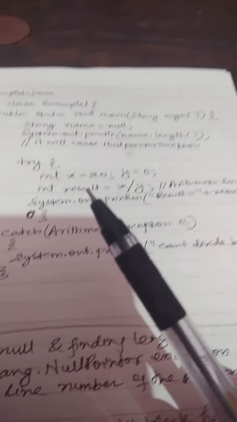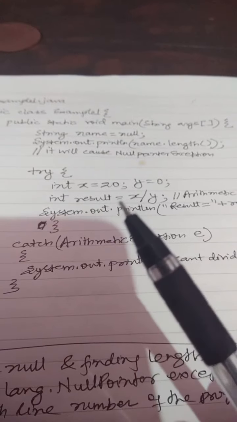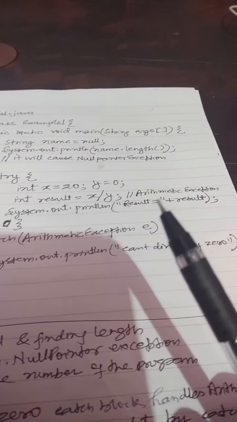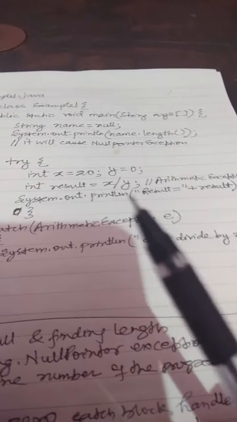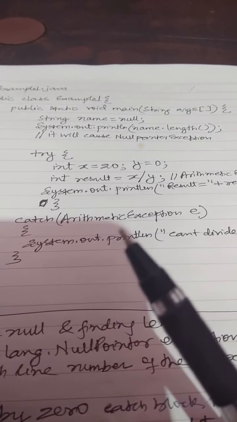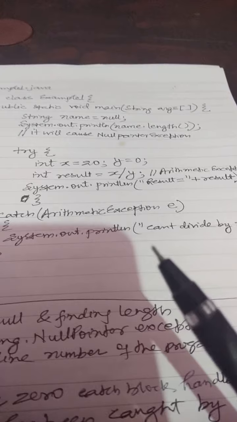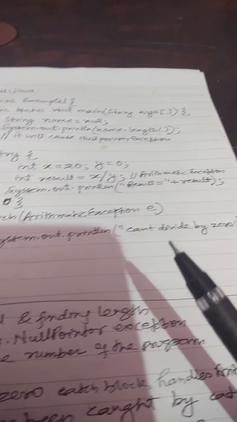The other example I have taken in the try block is to find the result by dividing x by y, where the value of y is 0. So it will cause an arithmetic exception. We are printing the result here, but in this statement only it will cause the arithmetic exception, and finally the catch block will catch the arithmetic exception and display the message: divide error, or can't divide by 0.